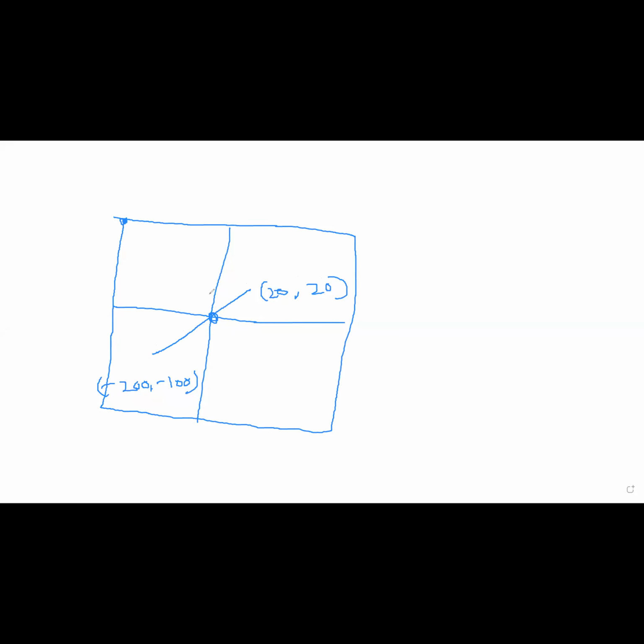There is no floating point arithmetic, because only multiplication, addition or subtraction is done. The division operation is not there in the whole program, and that's why you are not going to get any float number for manipulation. You will get only integer numbers, which improves the speed of this algorithm. So Bresenham's line drawing algorithm is more accurate and faster as compared to the DDA line drawing algorithm.